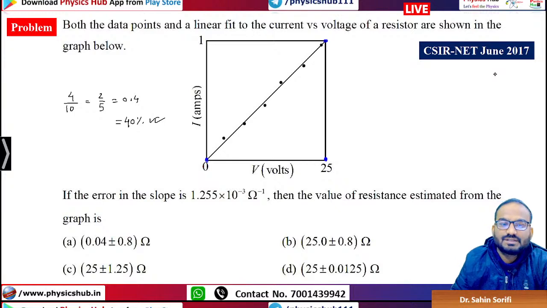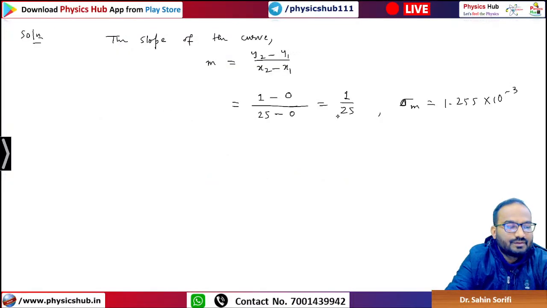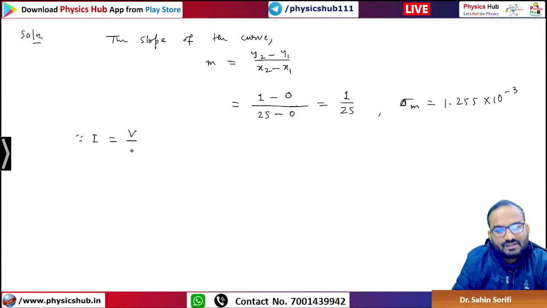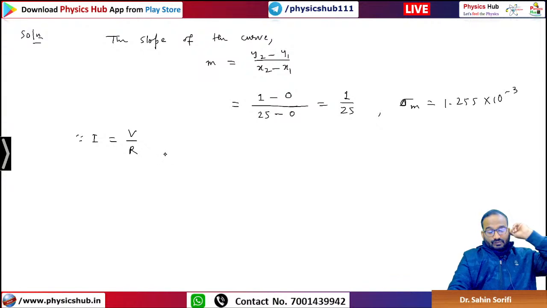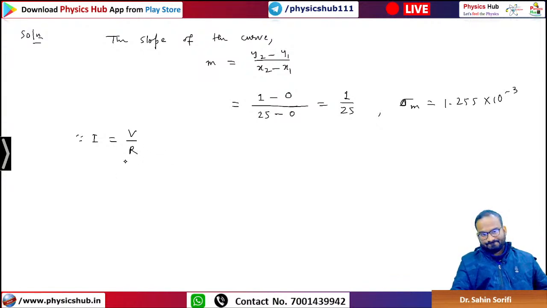The value of the resistance estimated from the graph. So you know from Ohm's law, V is equal to IR. So R is V by I, right? Now the slope of this curve is delta I by delta V. So you see, I is equal to V by R. So it is like writing m into V, isn't it?